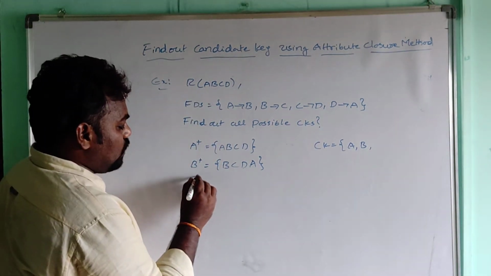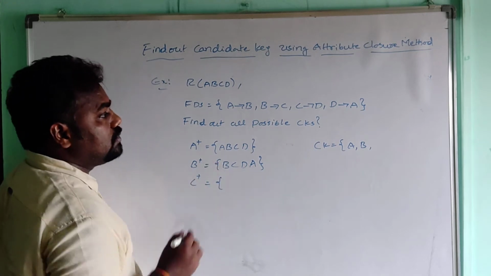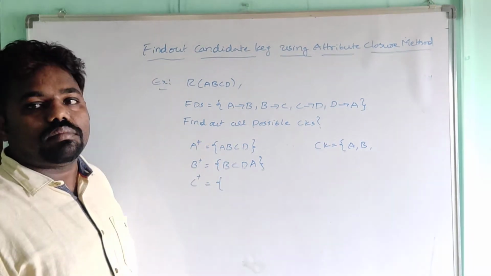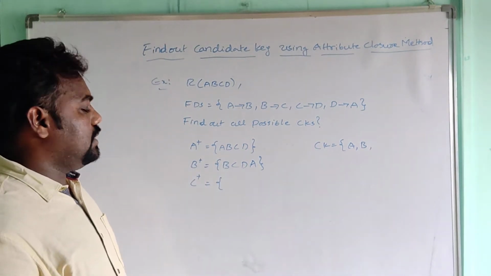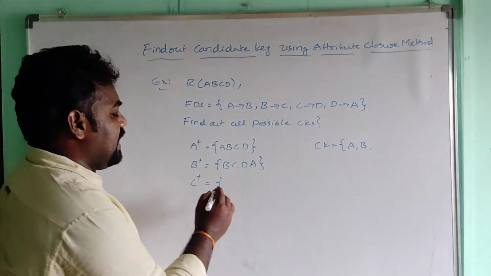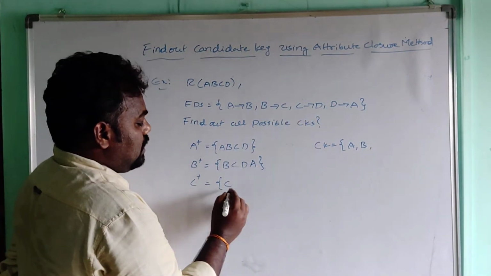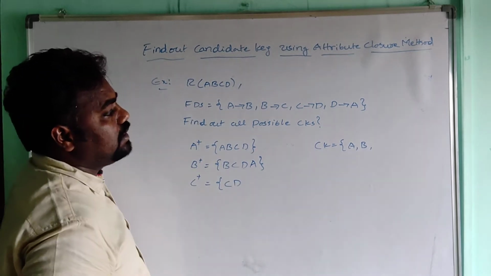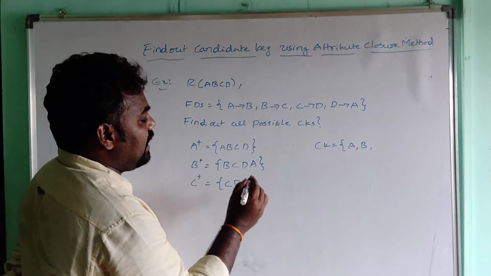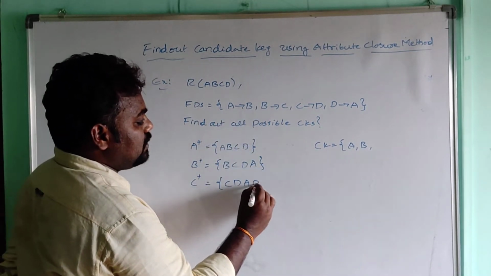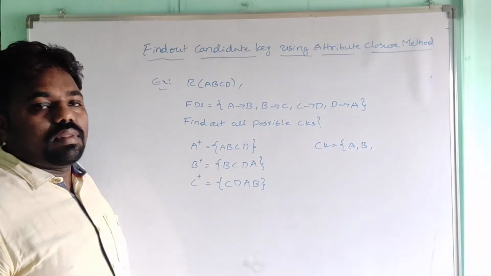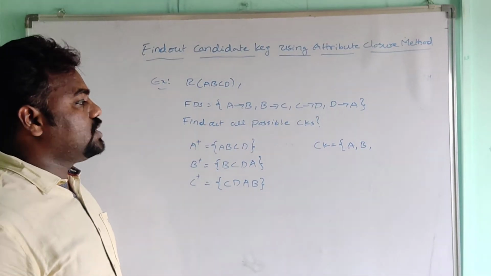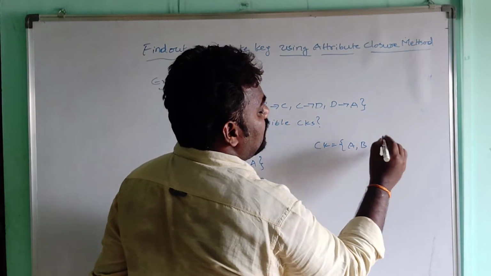Then coming to the C closure, C determines C, C also determines D, and D determines A, then A determines B. Here C is also a candidate key, right?